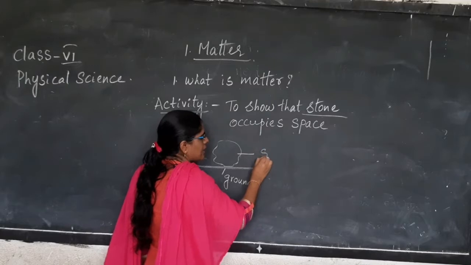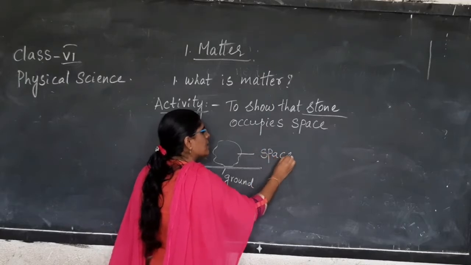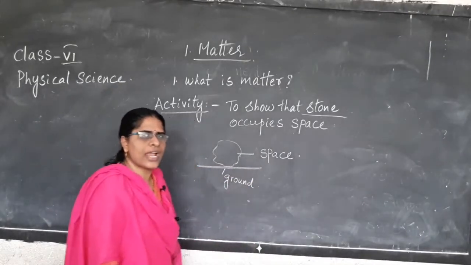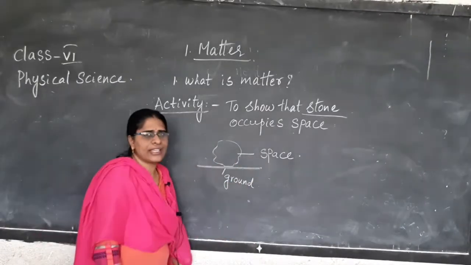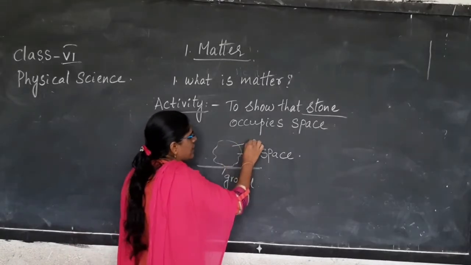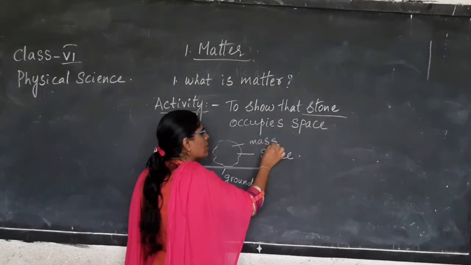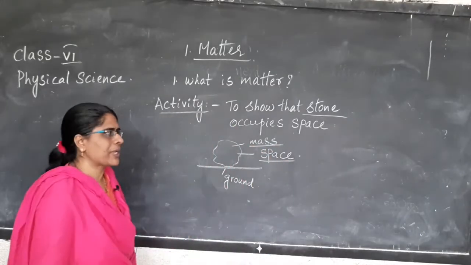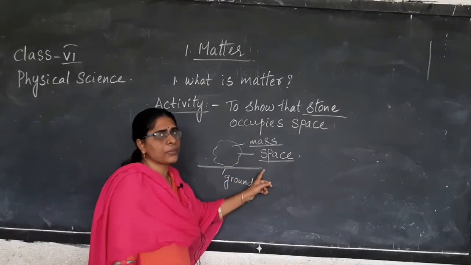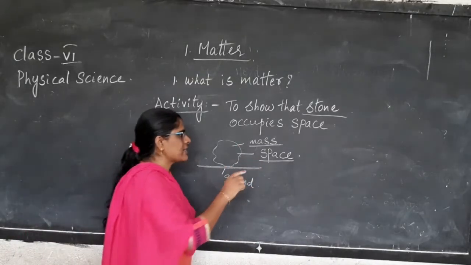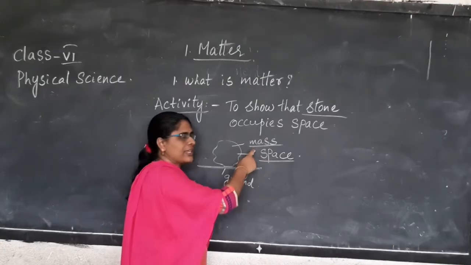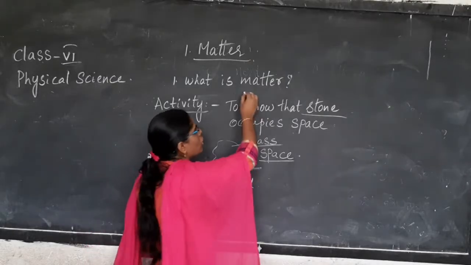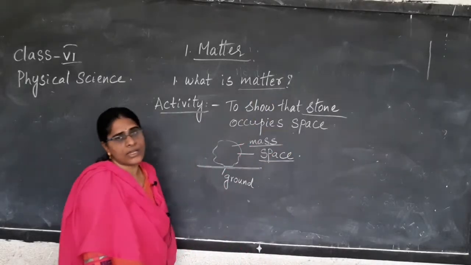Now I can say the stone has occupied some space. When you are holding a stone in your hand, do you feel some weight there? Yes. Now can I say my stone has both mass and is occupying space? Now does this come under matter? Yes. What I said, any object that has mass and occupies space always comes under matter.